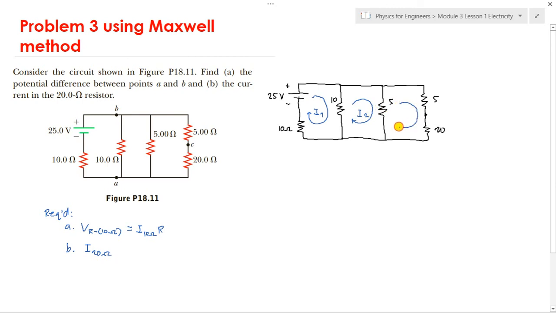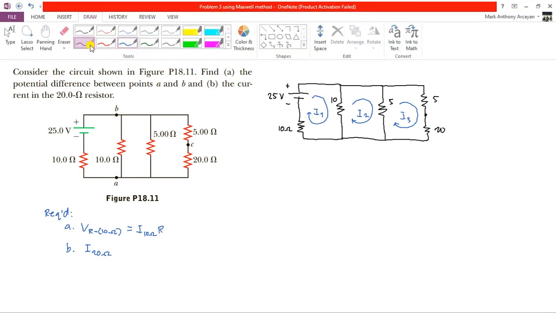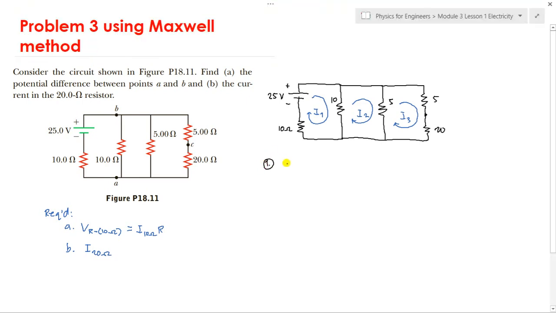The third one, this would be my I3. Okay, so here we have 3 unknowns, I1, I2, and I3. So we're going to look for 3 equations. So let's start with the first one.